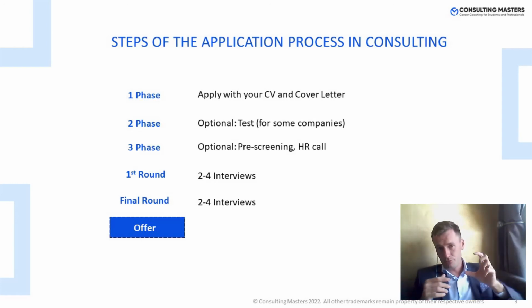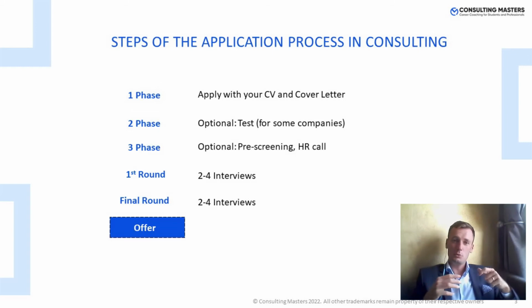And then if you pass through the first three steps, then you're lucky enough to be invited to the actual interviews. And you need to get ready to pass 6 to 8 interviews in total, equally spread between 2 rounds. So in the first round, you will be having, depending on the company, 2 to 4 interviews.